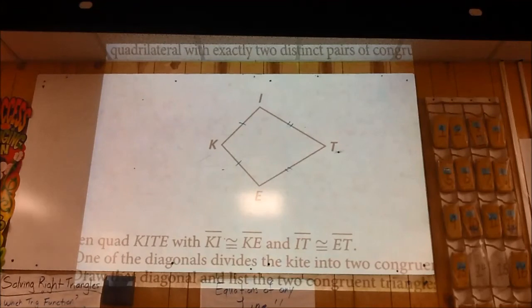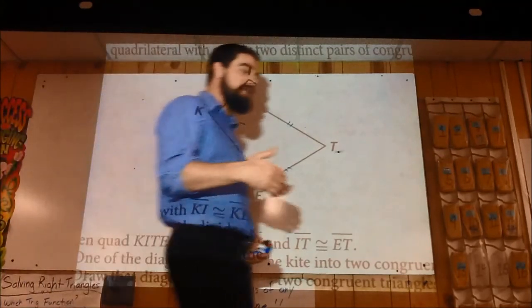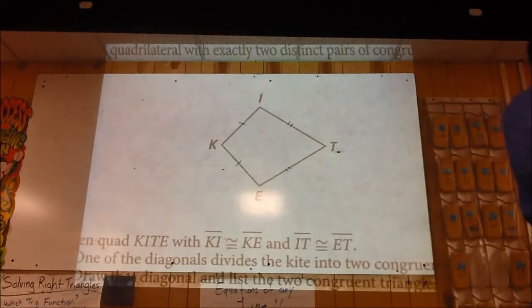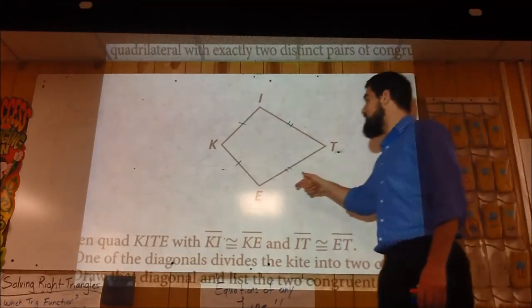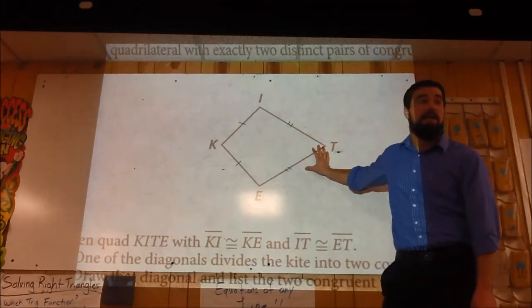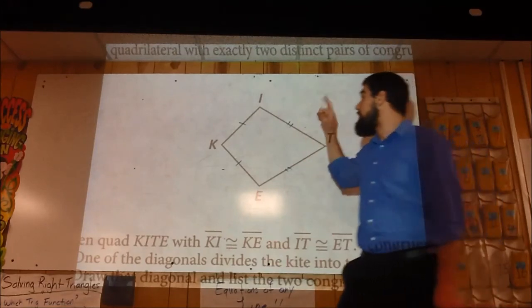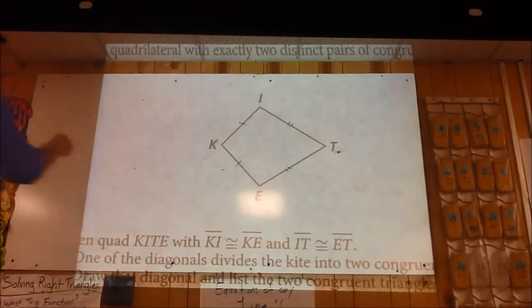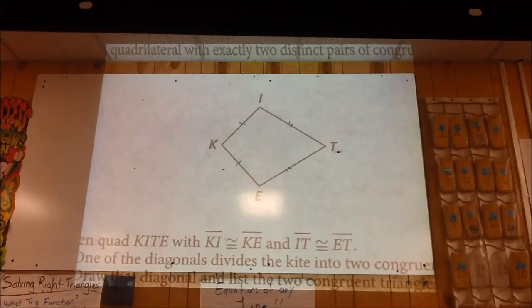by definition. If you were ever asked on a quiz or on a test or homework to prove that a quadrilateral is a kite, you need to go back to the definition. So you would need to show that that 4-sided polygon has, by definition, exactly 2 distinct pairs of congruent consecutive sides.